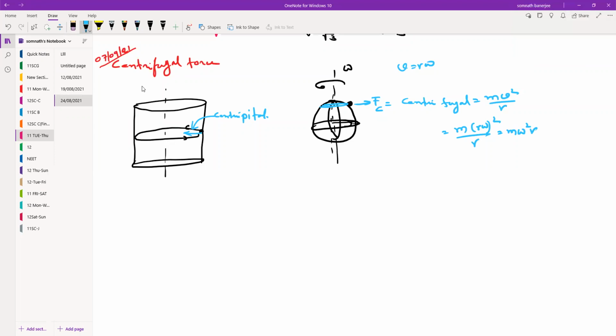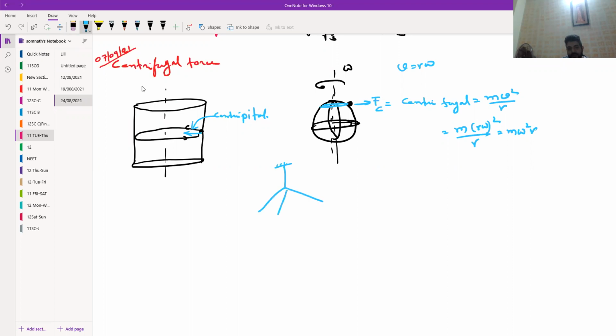Suppose a fan is moving, and you tie a string with a bob to the fan. When the fan is moving, the system is rotating. So the bob on that fan will be moving outside, right? Suppose a ceiling fan is there and three blades are rotating in a circular motion.